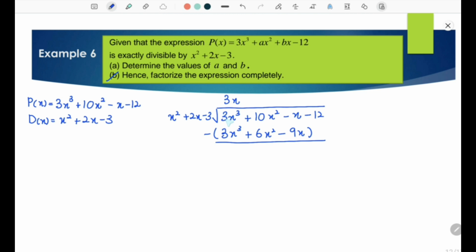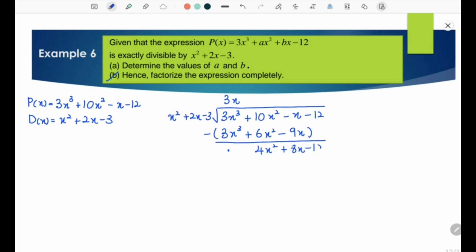So next we take 3x cubed minus 3x cubed equal to 0. 10x squared minus 6x squared is 4x squared. Negative x minus negative 9x equal to positive 8x. So we get 4x squared plus 8x. Now bring the remaining terms below here.